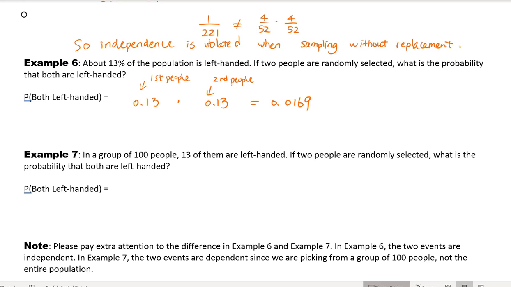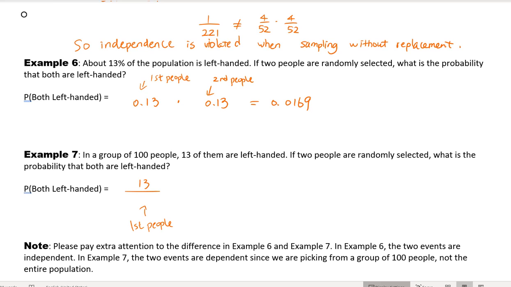Alright, example 7. In a group of 100 people, 13 of them are left-handed. If 2 people are randomly selected, what is the probability that both are left-handed? We pick the first person.